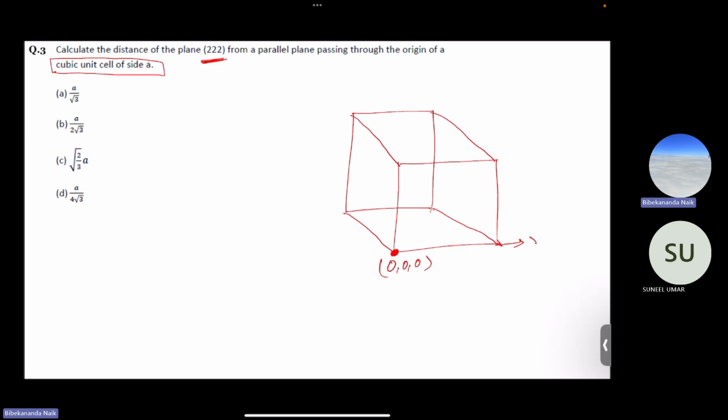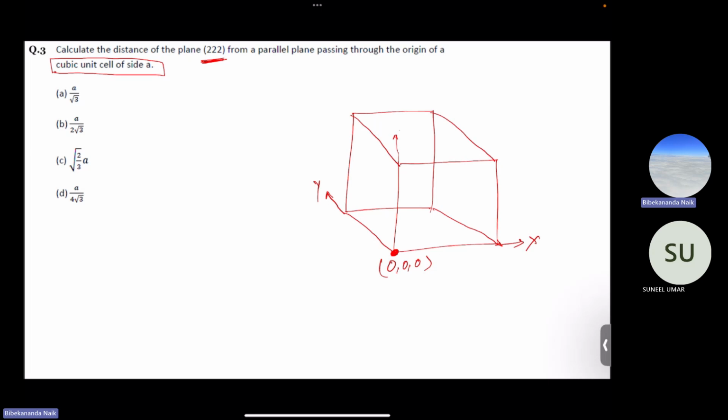This is x-axis, this is y-axis, and this is z-axis. The question says, calculate the distance of the plane 2, 2, 2 from a parallel plane passing through the origin.